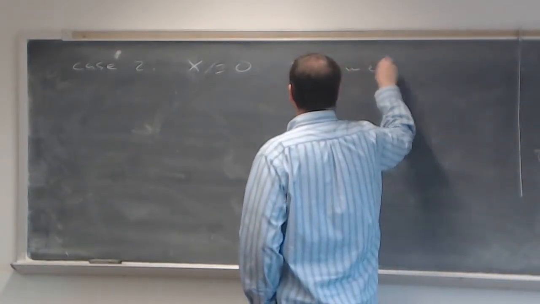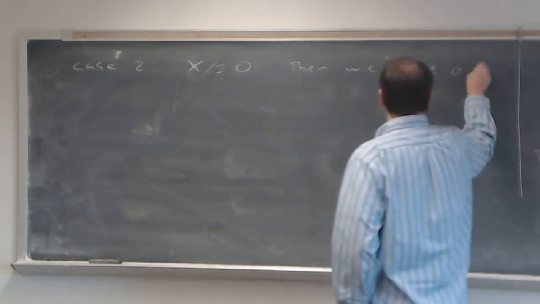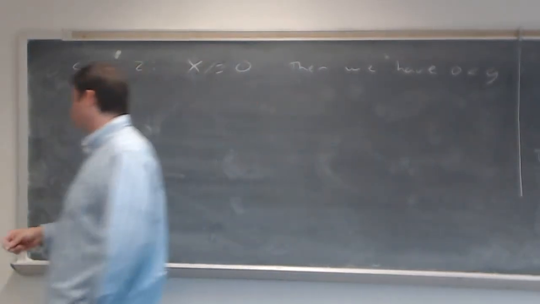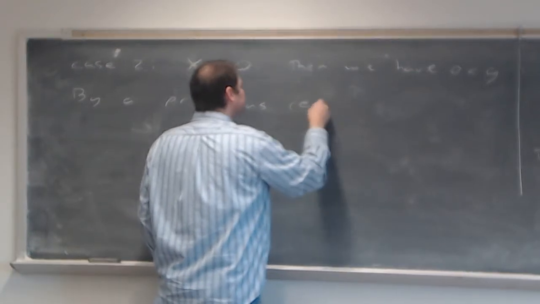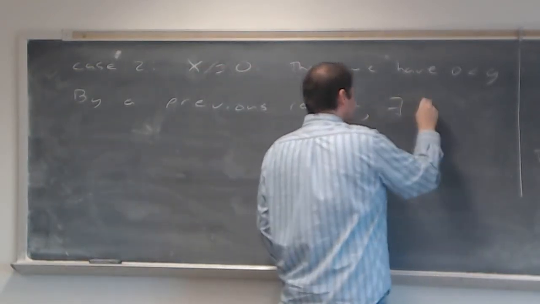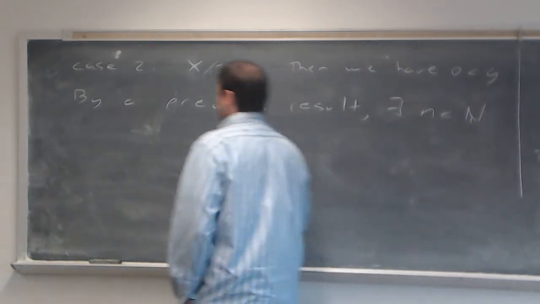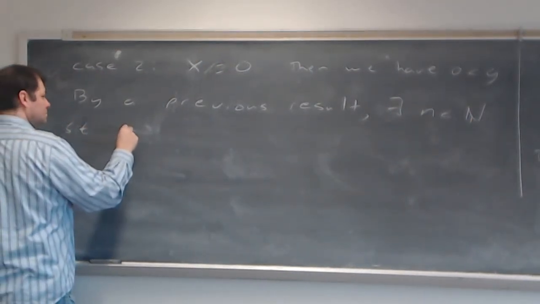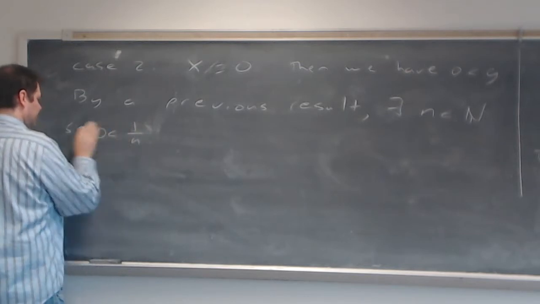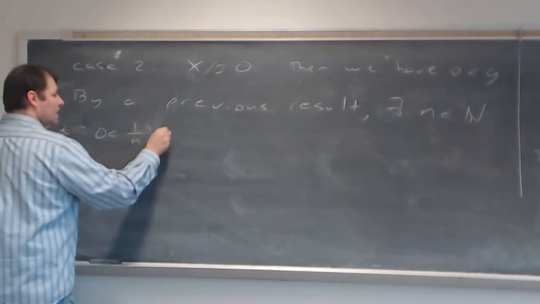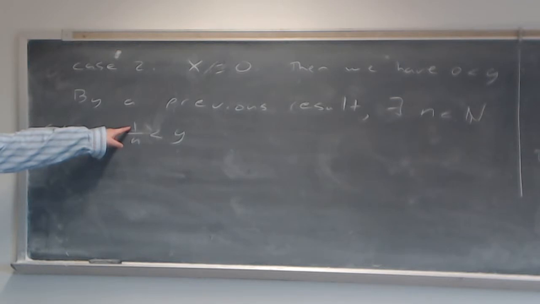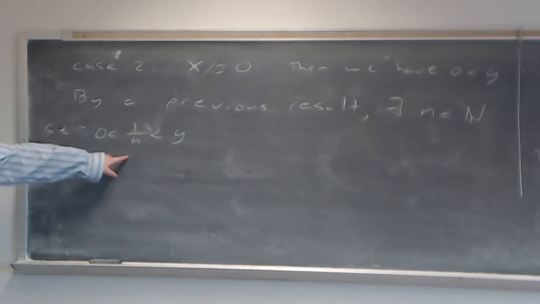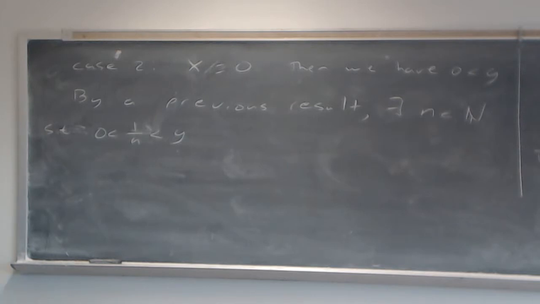Then we have x is less than y, so we have 0 is less than y. By a previous result, there exists an n, an element of the natural numbers, such that 1 over n is sandwiched in between 0 and this positive number y. 1 is an integer. n is a natural number, so it is an integer. 1 over an integer is a rational number.